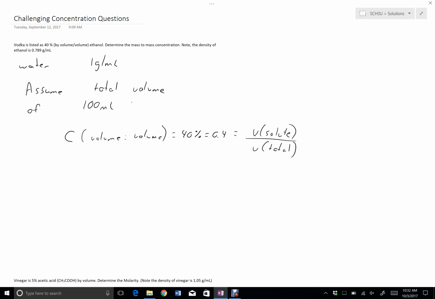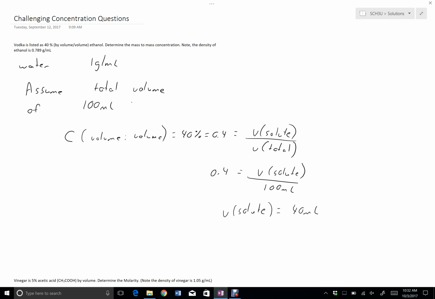So if I assume 100 milliliters total volume, what that means is I have 40 milliliters of my solute.